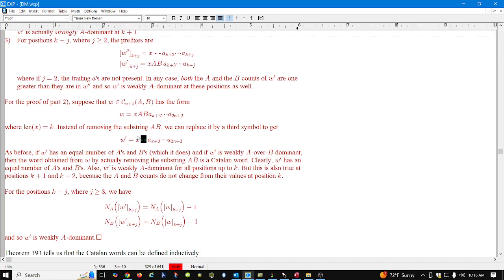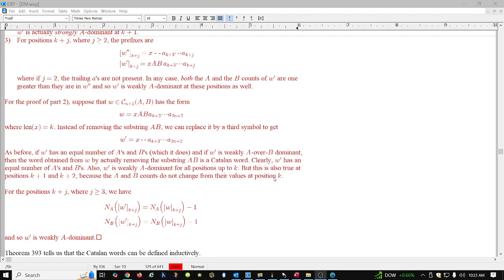And just as before, if W prime has an equal number of A's and B's, which it does, because we pulled one A and one B out of W, and if W prime is weakly A over B dominant, then the word that we would obtain from W by actually removing the substring AB would be a Catalan word, which is what we're trying to show.